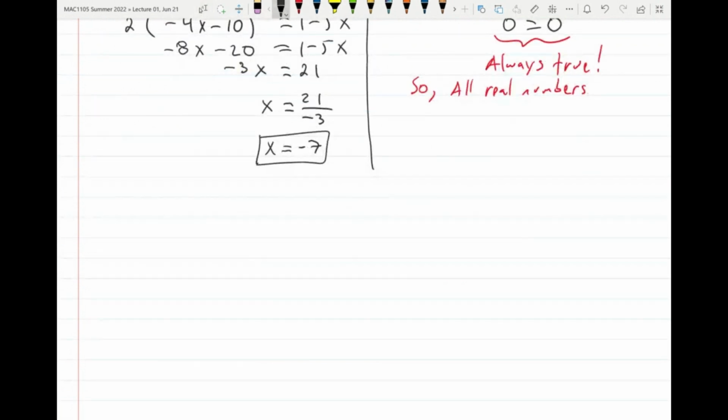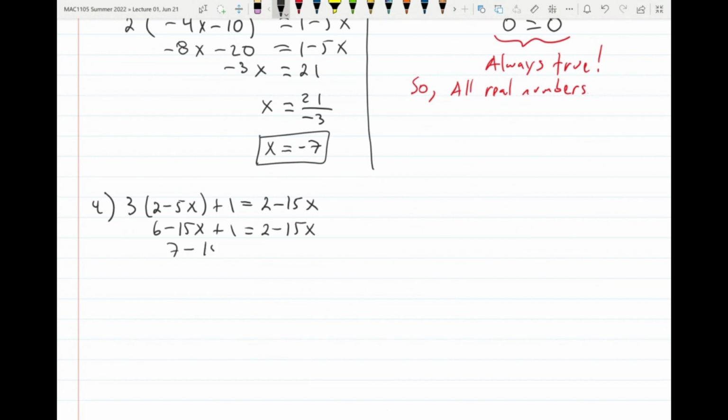So, two minus 15x. So that would be 6 minus 15x. So that would be, what is this, 7? 7 minus 15x equals 2 minus 15x. Once again, notice that the same term with the same sign is showing up on both sides.